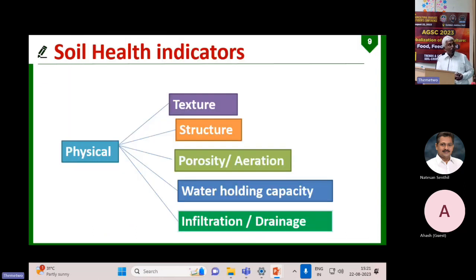If you want to categorize the soil on soil health, there are different parameters. Physically, we can categorize on texture, structure, porosity, water holding capacity, and infiltration. We can categorize the soils with respect to soil health.